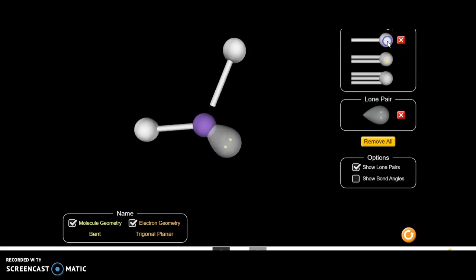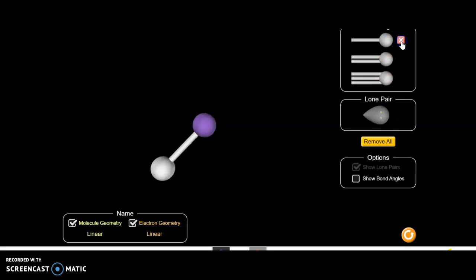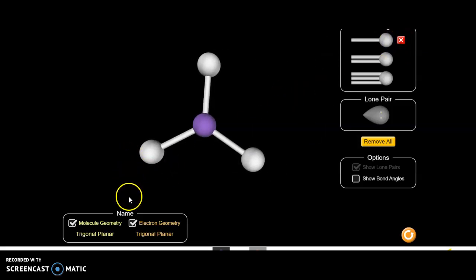All right, so let's add another bond. Take off a lone pair for right now. Okay, so once we get into more than 2 bonds, then we actually get some interesting shapes.